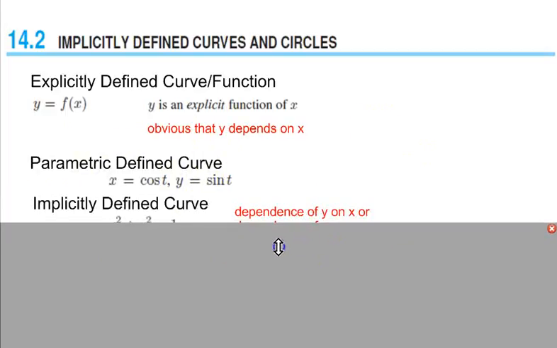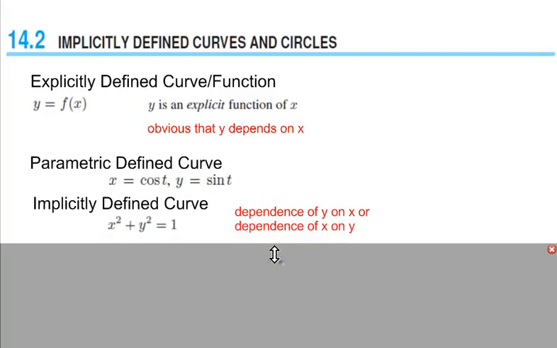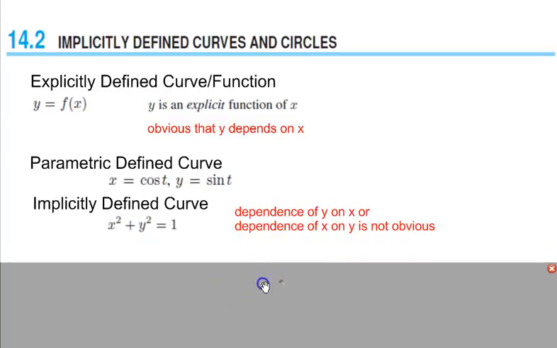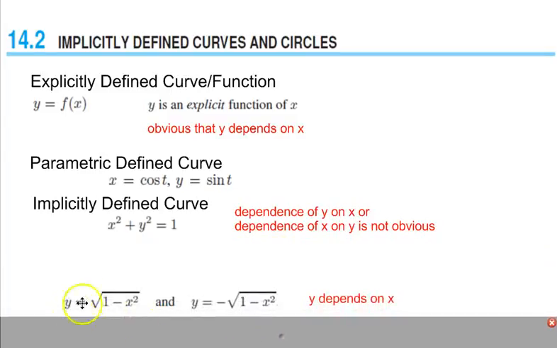And today we're going to learn about implicitly defined curves, which we've seen before, but we've never called them implicitly defined curves. In this case, this is an example: x squared plus y squared is equal to 1. The dependence of y on x, or of x on y, is not as obvious as it is in this case. Even though we can write these expressions with y in terms of x, this is an explicitly defined function because it's obvious that y is dependent on x, but this is an implicitly defined function because it's not that obvious.